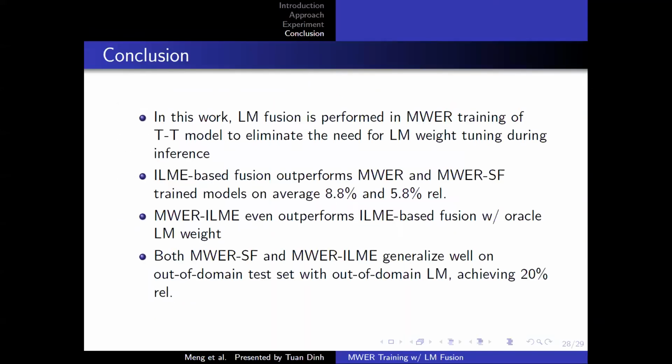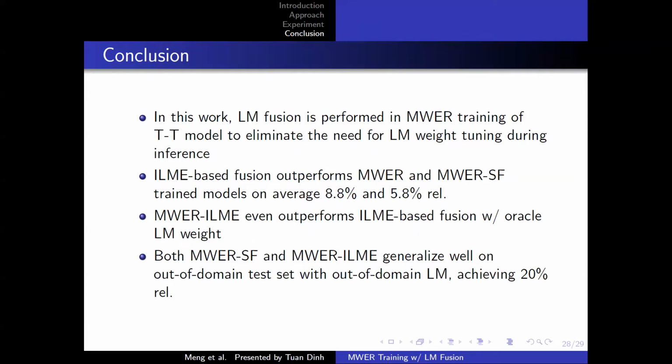In conclusion, in this work, language model fusion is performed in MWER training of transformer transducer-based models to eliminate the need for language model weight tuning. ILME-based fusion outperforms MWER and MWER-SF trained models on average by 8.8% and 5.8% relatively, respectively.